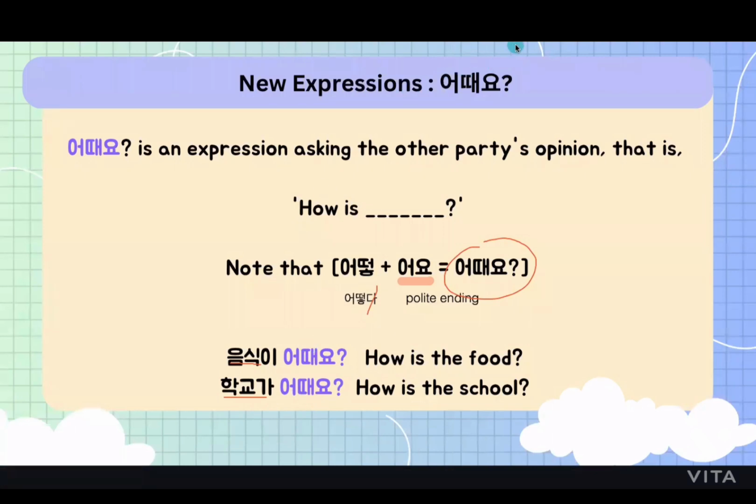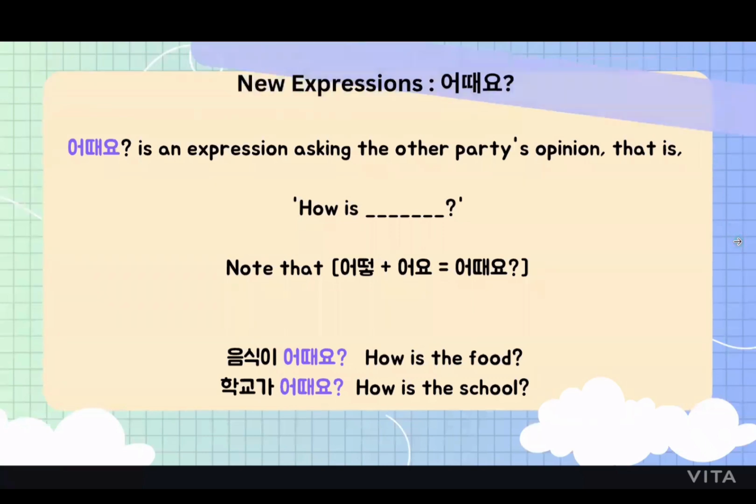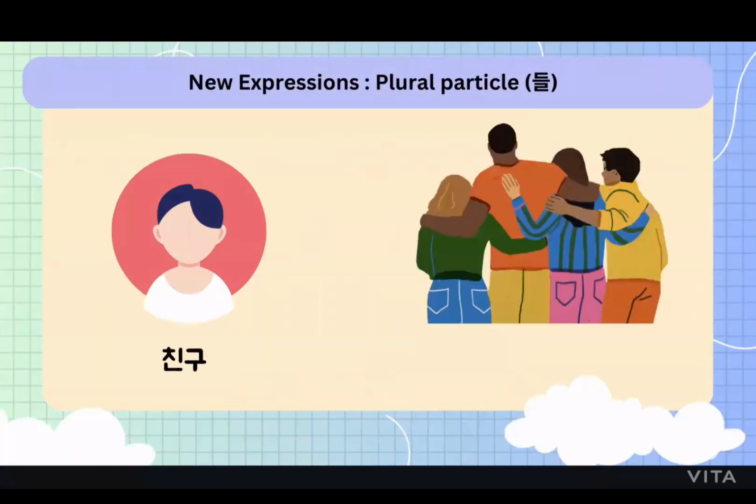Okay, then let's move on to our next part. 자, and then let's look at a plural particle. 자, 여러분, just now we learned about 들, 그쵸? In the conversation one. 자, 친구. So here's one friend. Then you can say 친구. Then what about there are many friends?